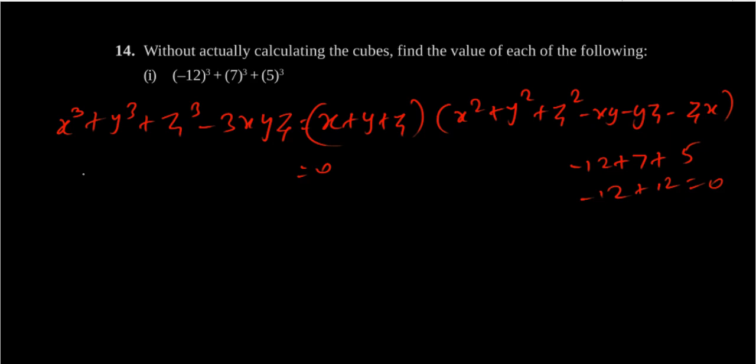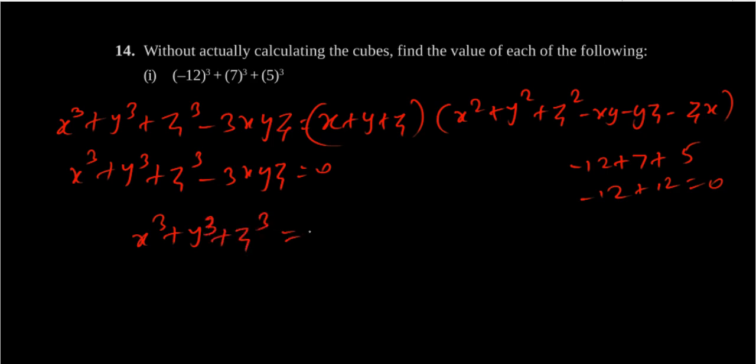That means x cube plus y cube plus z cube minus 3xyz equal to 0. This minus 3xyz if we bring here, x cube plus y cube plus z cube equal to plus 3xyz. We need to find out x cube plus y cube plus z cube only.